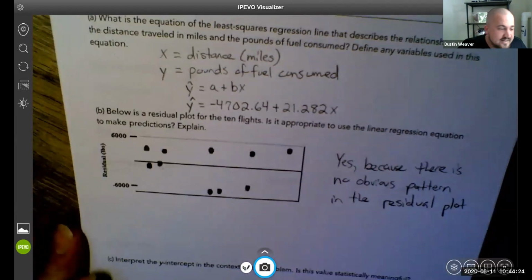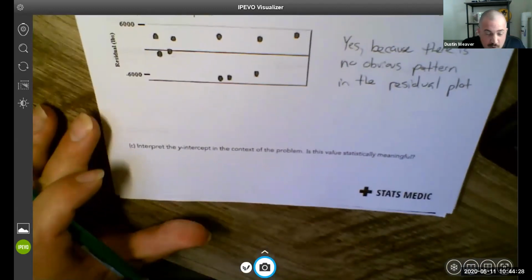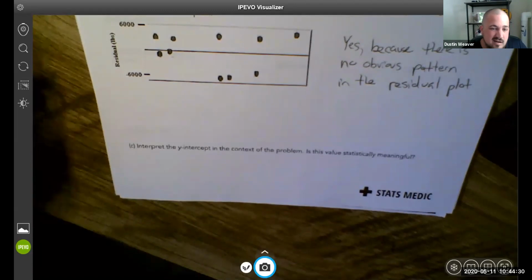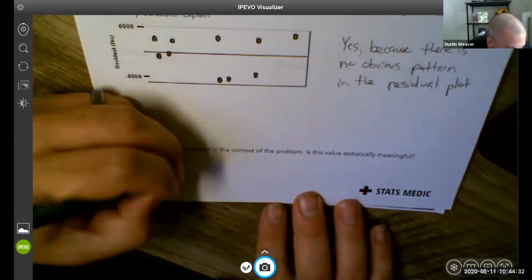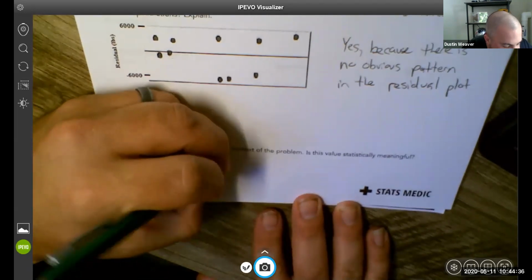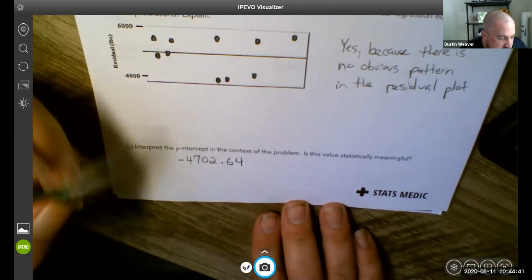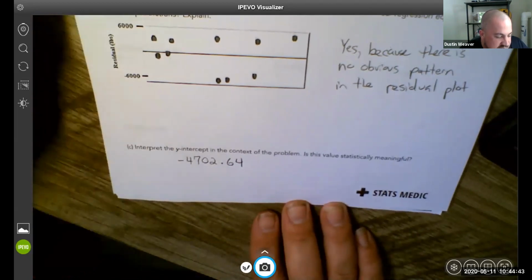So we go to C. C is our interpreting part. It says interpret the y-intercept in the context of the problem. So the y-intercept is negative 4,702.64. So let's think about what that would be. If x is 0, this is y.